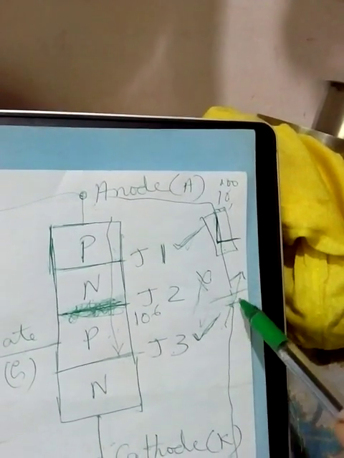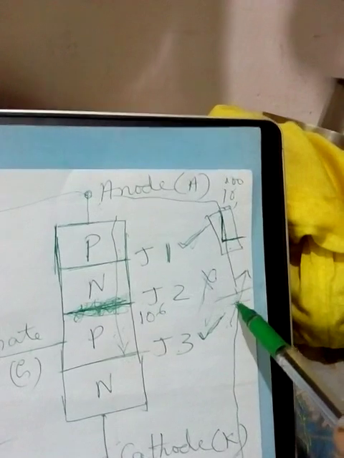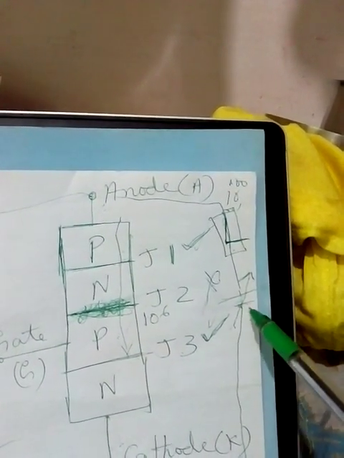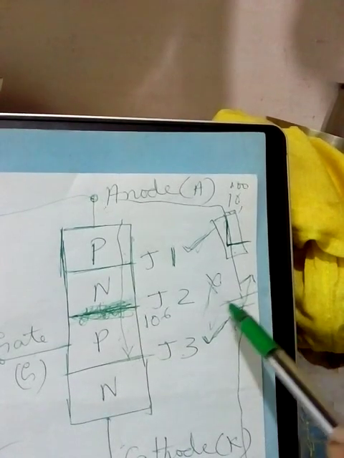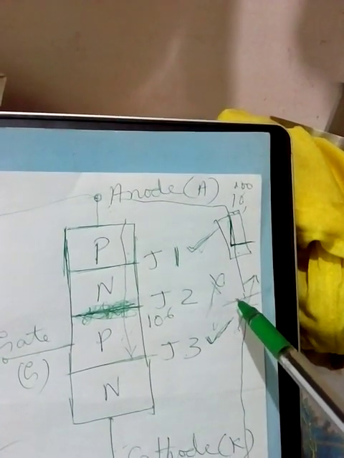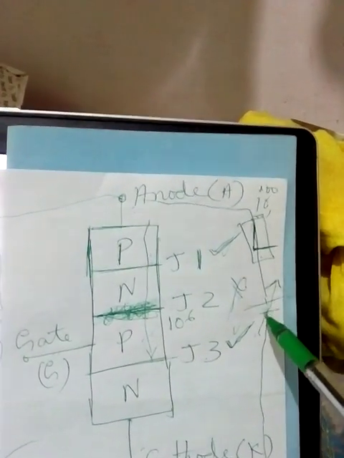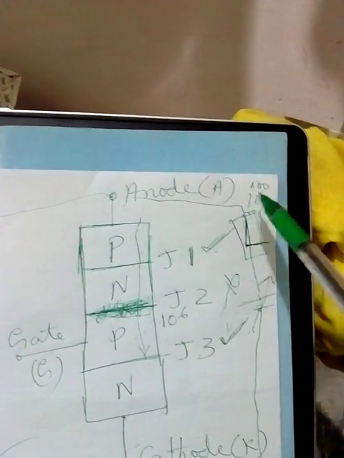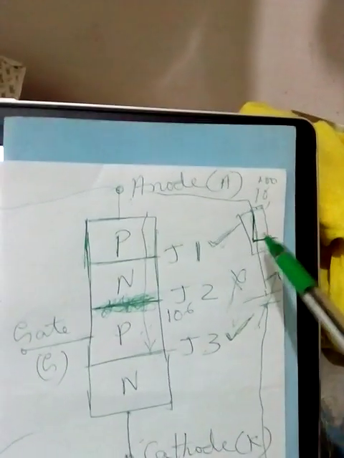So V by I, V is 230. 230 by 4 is equal to around 60 ohms. So the load resistance will be always tens or hundreds of ohms, maximum 1000.